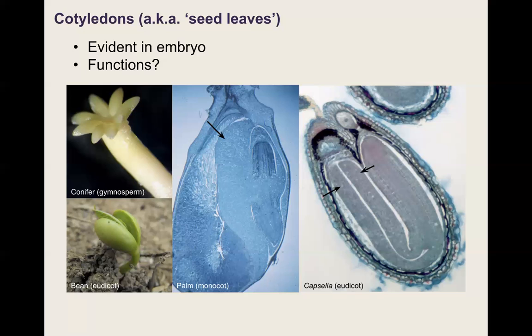So then the seedling doesn't have to get its food from the endosperm. The seedling already has its food basically stored up in the cotyledons. That's one function of the cotyledons. Another one is that they're basically pre-made leaves. So when germination happens, they can just jump right out of the seed and be ready to absorb some of the light and get photosynthesis going.